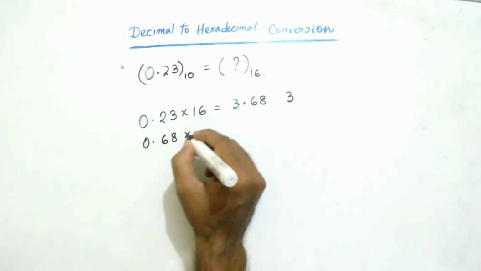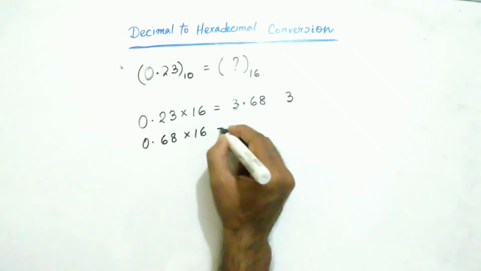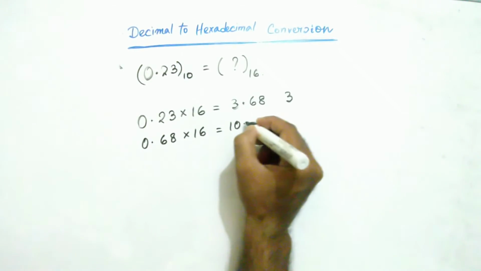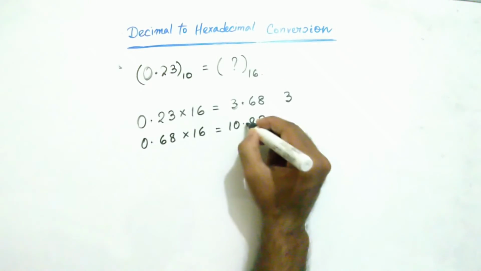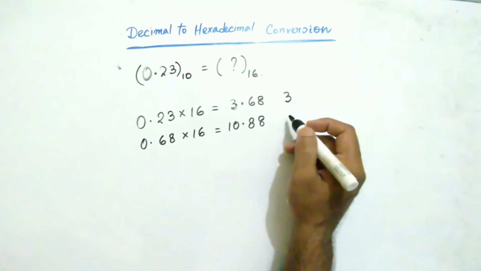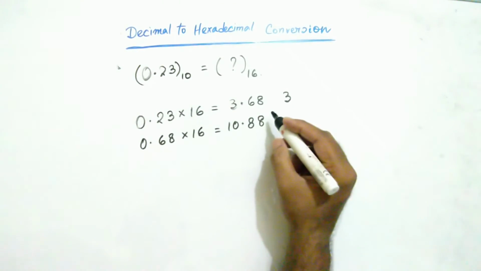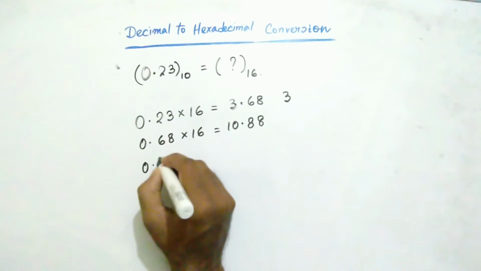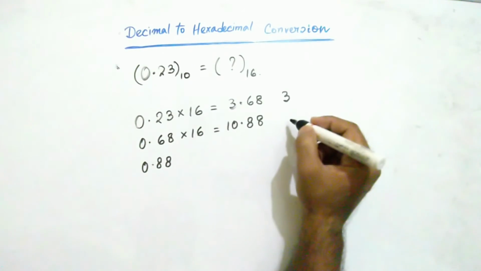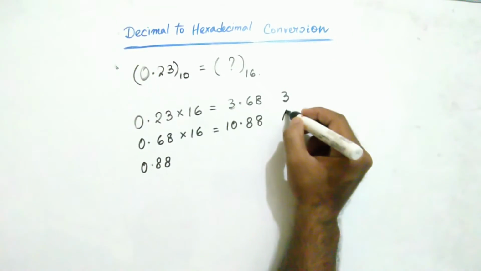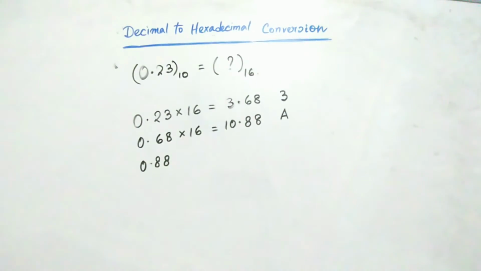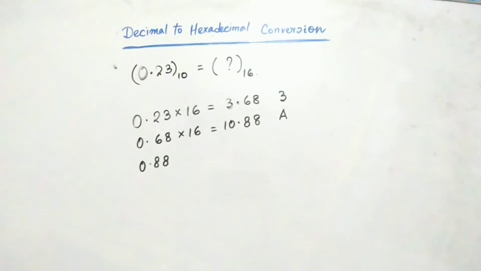This again we are going to multiply with 16, and we will get the result as 10.88. Now if we take out 10 from this number, we are left with 0.88, but when we take out the 10, we write A instead, using the letters that are in hexadecimal.